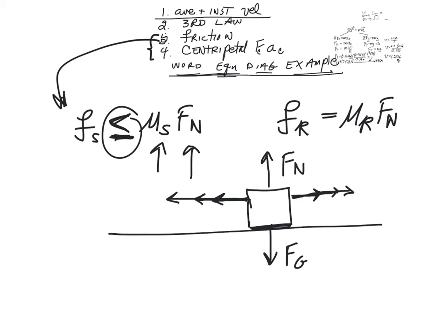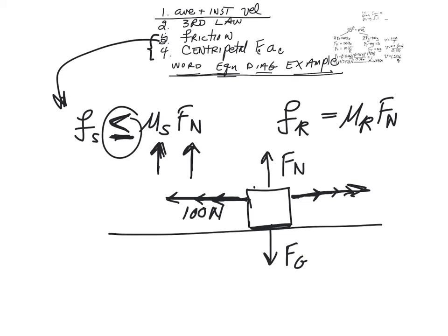There is a limit to how big the friction force is, and that will depend on the coefficient, how sticky the two surfaces are, how rough they are, and the normal force. So let's just say it takes 100 newtons to get this box started. That's the limit of this force.